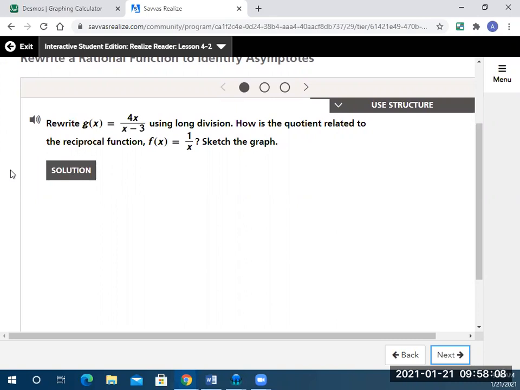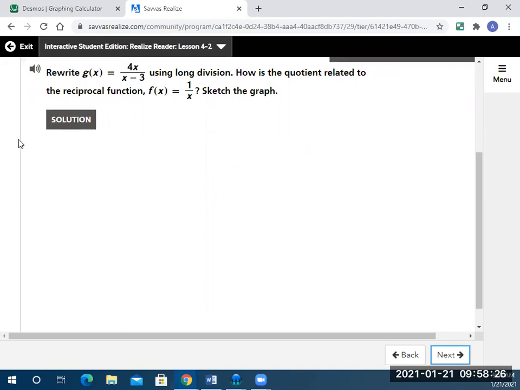Before we get started, because my last class had a little bit of a hard time understanding why we did a certain thing, we're going to start this off by doing a very simple example of long division.